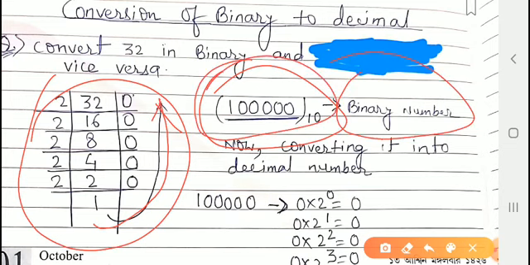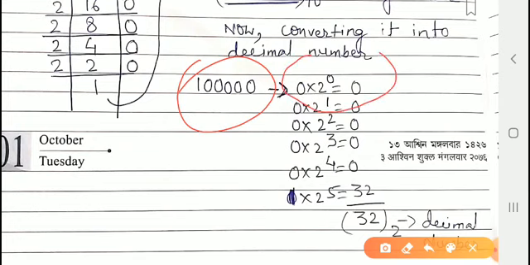Now we have to check whether it is correct or not. First we use the multiplication method. 0 into 2 to the power 0 is 0, 0 into 2 to the power 1 is 0, 0 into 2 to the power 2 is 0, 0 into 2 to the power 3 is 0, and 0 into 2 to the power 4 is 0.